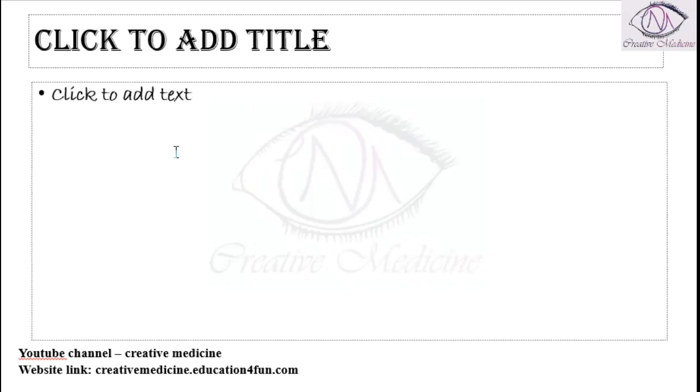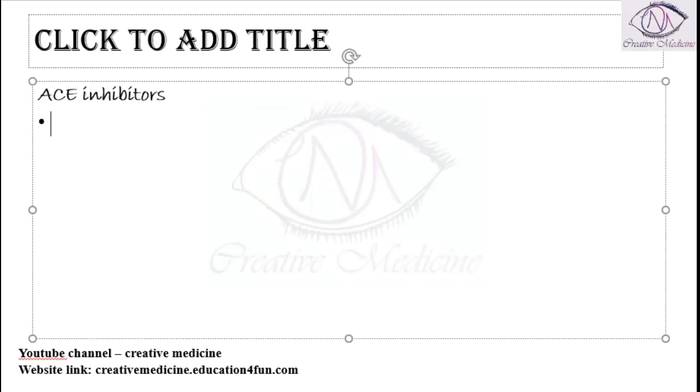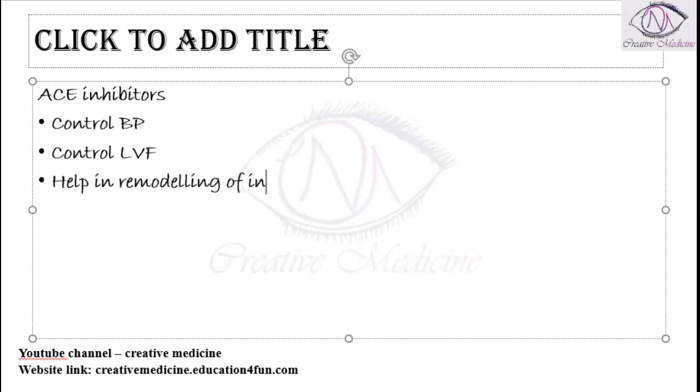Angiotensin converting enzyme inhibitors control the blood pressure, because by inhibiting the angiotensin converting enzyme and thus reducing the aldosterone level, they definitely control the blood pressure. They also control the left ventricular function, and they help in remodeling of the infarcted tissue.